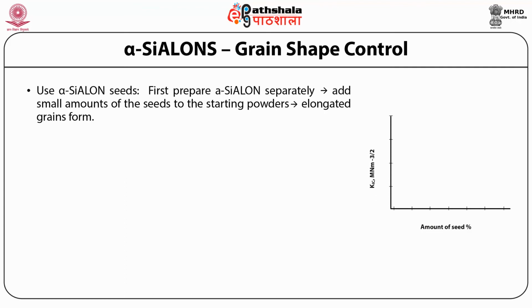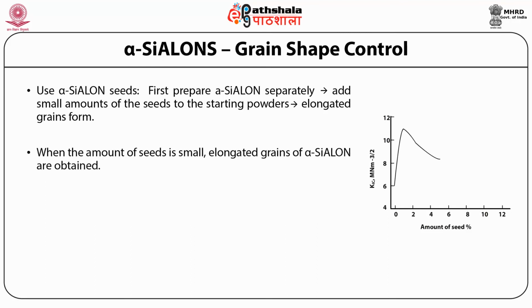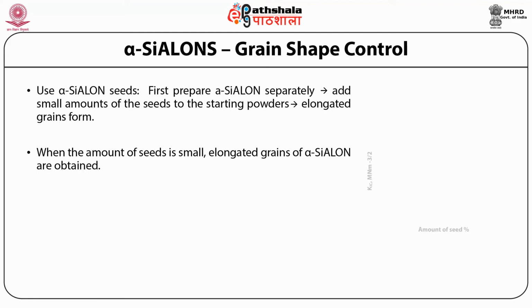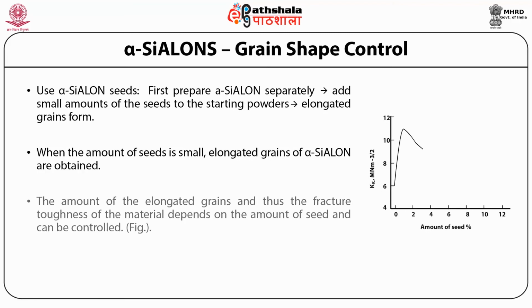Thus, the alpha-sialon is first prepared separately and then small amounts of the seeds of this are used along with the starting powder. When the amount of seeds is small, the elongated grains of alpha-sialon are obtained. The amount of the elongated grains, and thus the fracture toughness of the material, depends on the amount of seed and can be controlled.